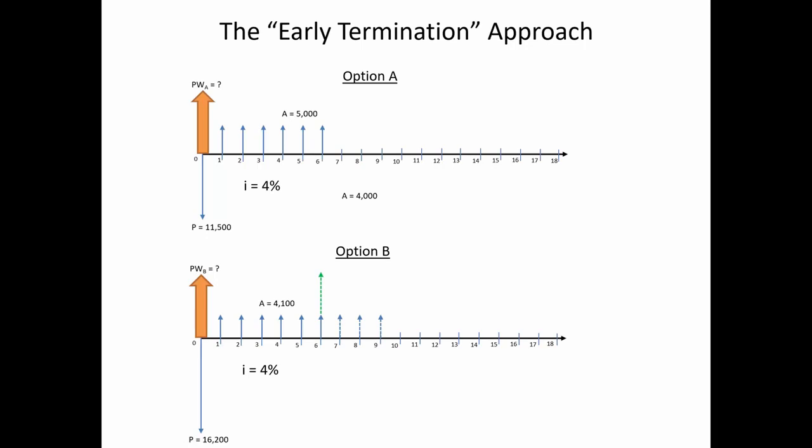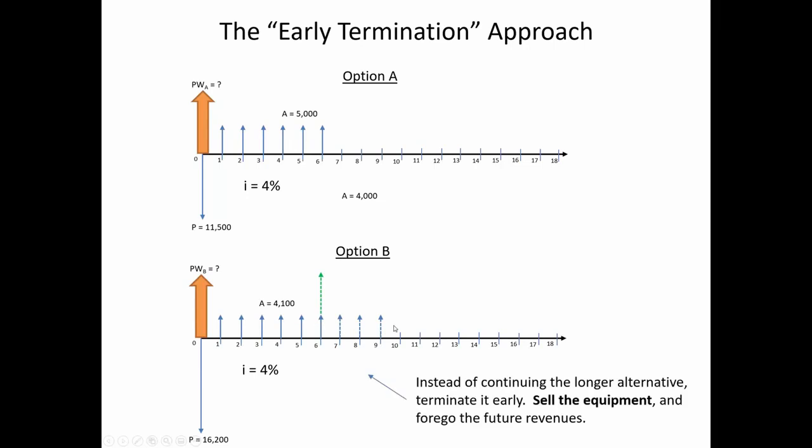Depending on what the secondary market values your equipment at, that is going to be the length of that green arrow. It is not the present worth of the revenue. So the idea with early termination is we sell the equipment and just get a one-time lump sum amount from that sale rather than continuing to operate it in the years afterward.